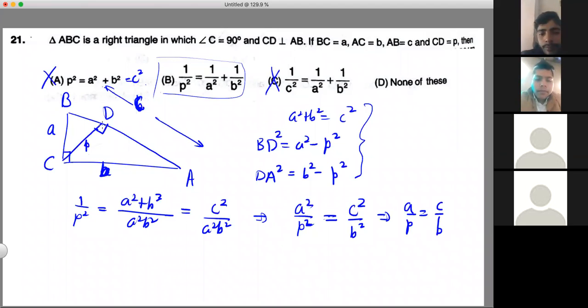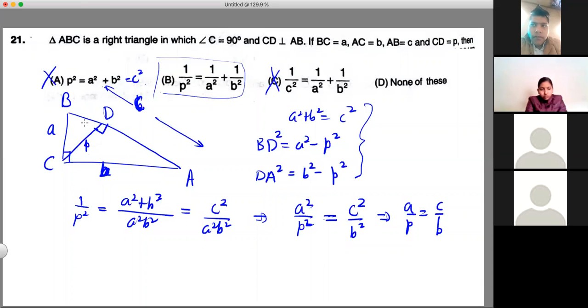Now, what is c by b? It is the hypotenuse by the side opposite B. A is the hypotenuse here, and this is 90 degrees, and p is the side opposite B. So this is a correct ratio in similar triangles, hypotenuse by side opposite angle B, which is the same. So this is true. B is true.